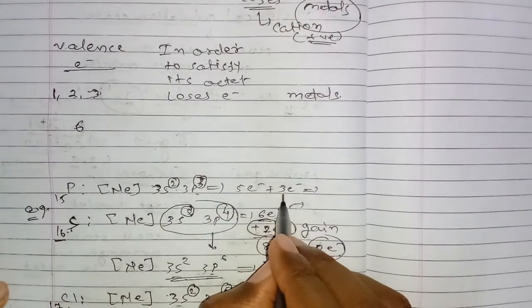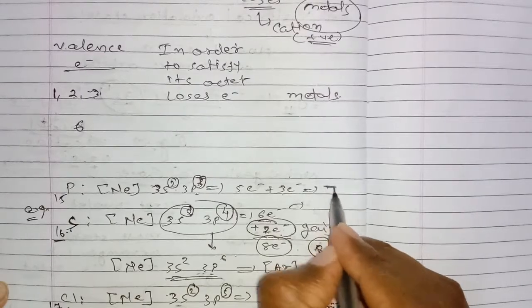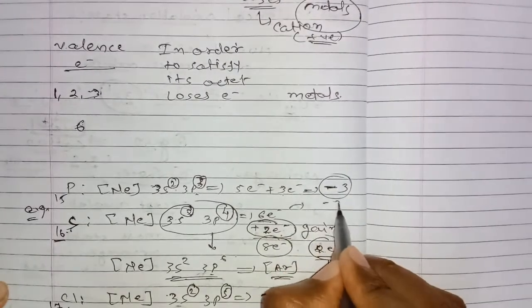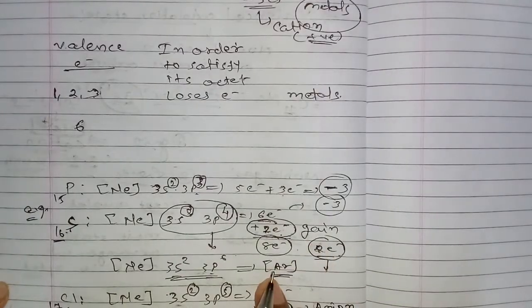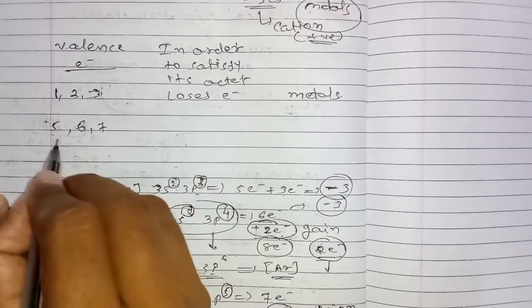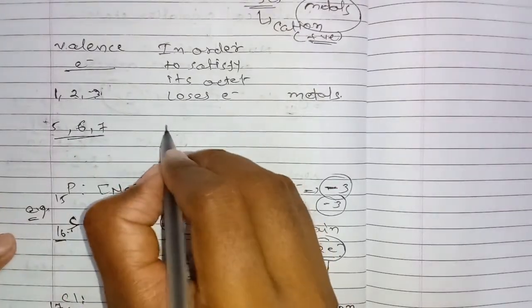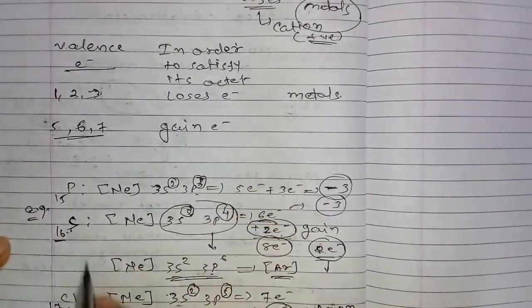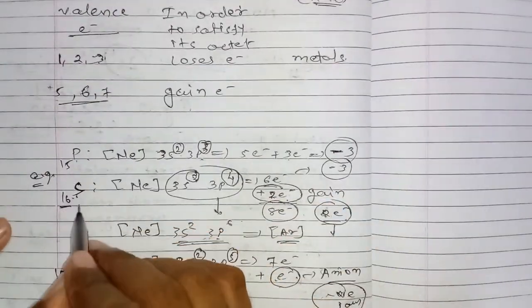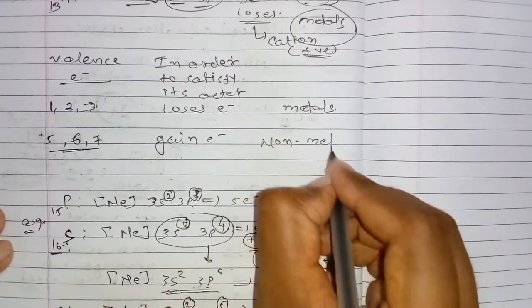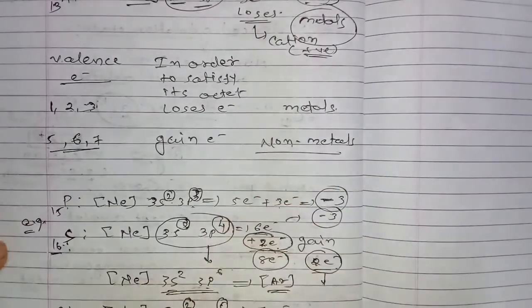Whenever it gains 3 electrons, there is a -3 charge. So with 5, 6 or 7 electrons, they gain electrons, and phosphorus, sulfur and chlorine are non-metals.